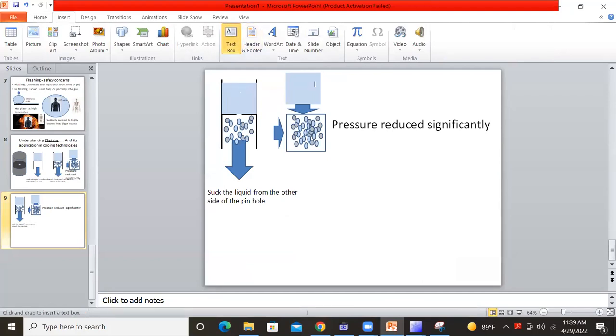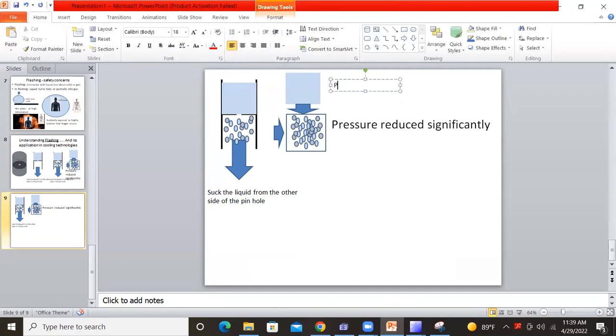Let's say originally this pressure is, I will put the pressure here, atmospheric, or let's say 1 bar. Do you know the pressure unit bar means what? So you have to explore over there.